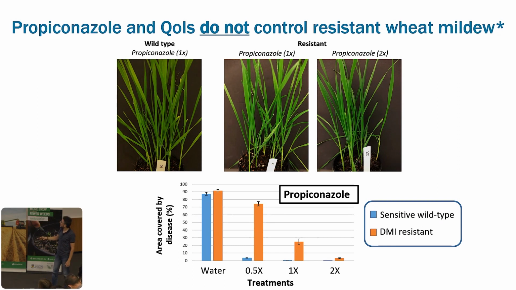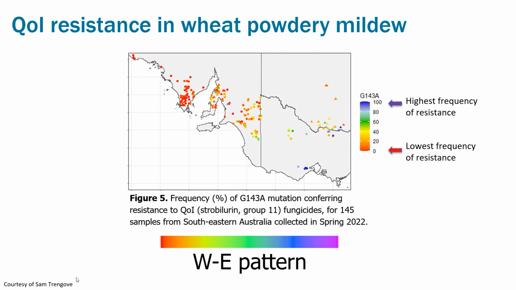I've said propiconazole here, but we've got pretty much the same graph for bixafen and prothioconazole. I don't want to say prothioconazole doesn't control mildew, because we haven't got that experiment with prothioconazole by itself yet. We just received a sample of straight prothioconazole, and we're going to be testing that very soon.